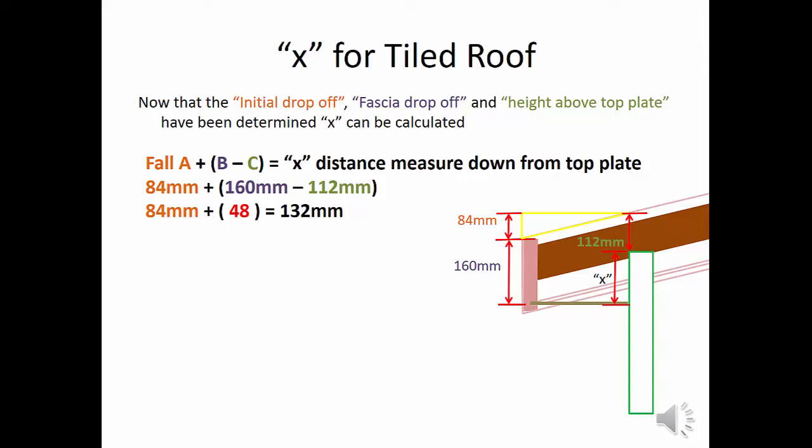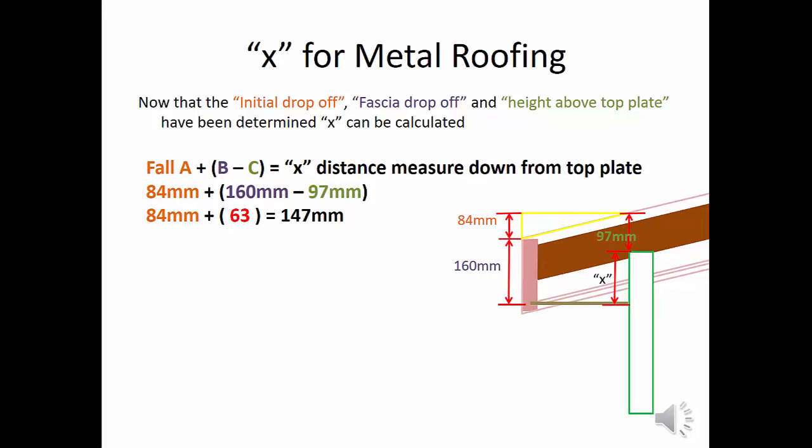So if we complete the formula, fall A was 84 mm plus bracket, fascia drop off was 160 mm minus height above top plate for tiled roof was 112 mm, close bracket. That gives us an eave drop off of 132 mm for a tiled roof. And the next example is for metal roofing, and as I previously mentioned, because the eave width and the fascia dimensions are the same, the initial drop off and fascia drop off will also be the same.